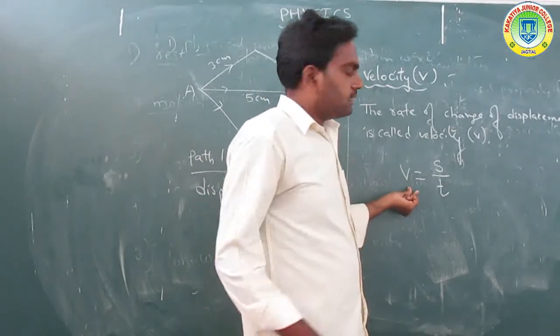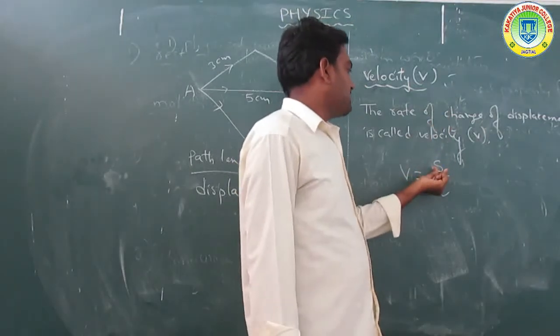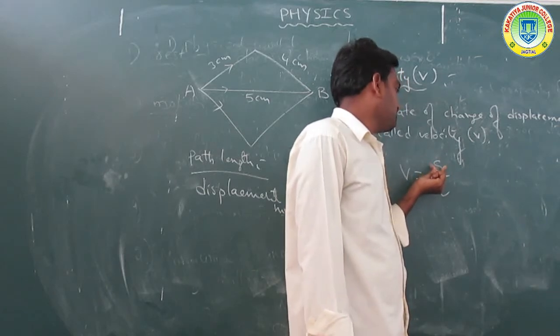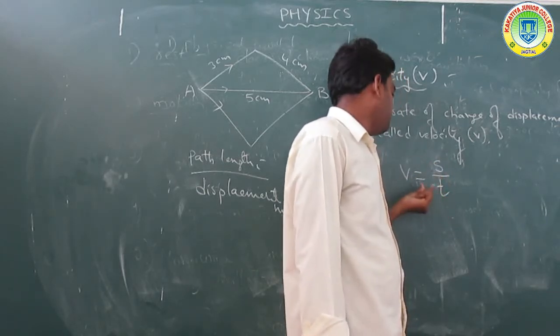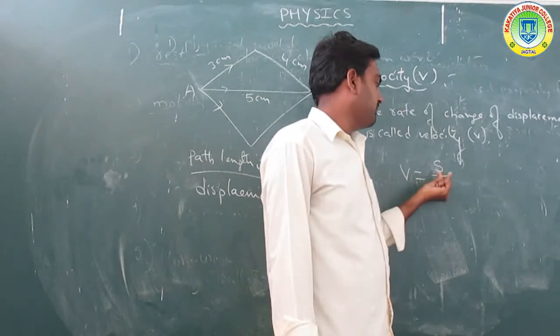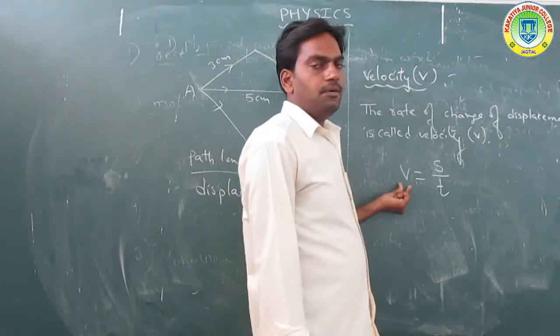Now, another definition also. The ratio of displacement to time, or distance to time, is called velocity.